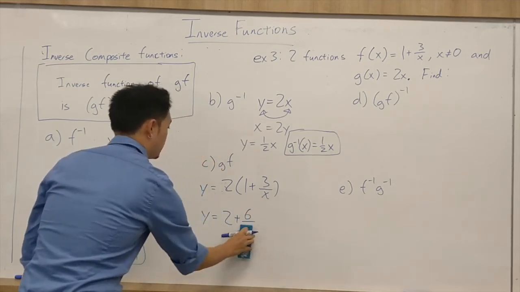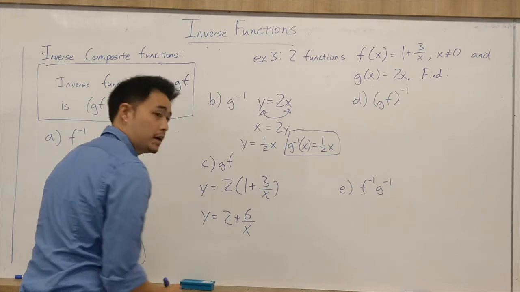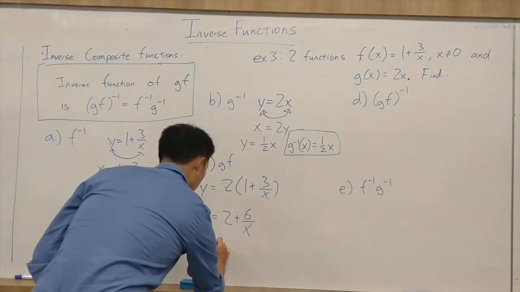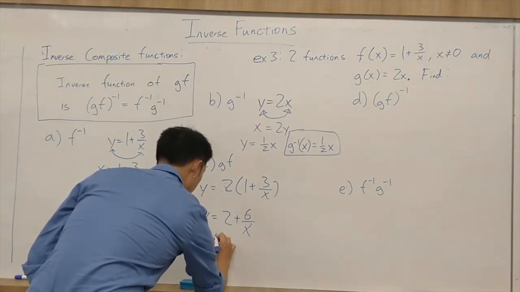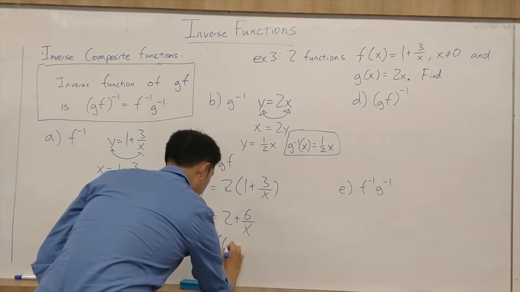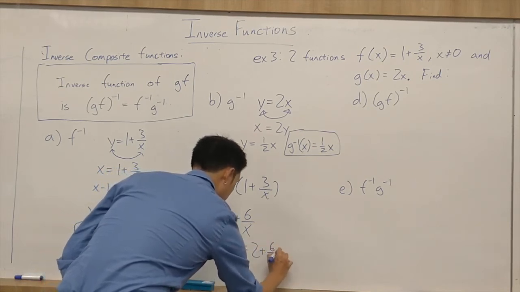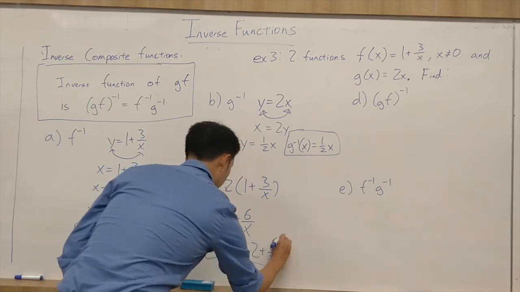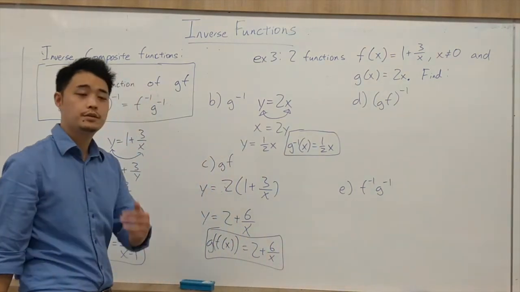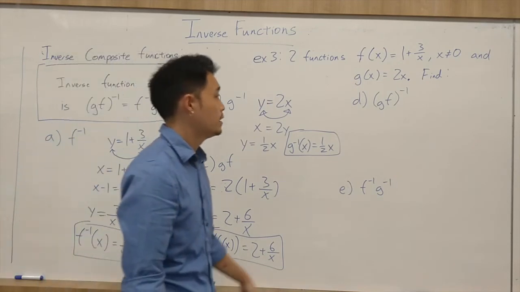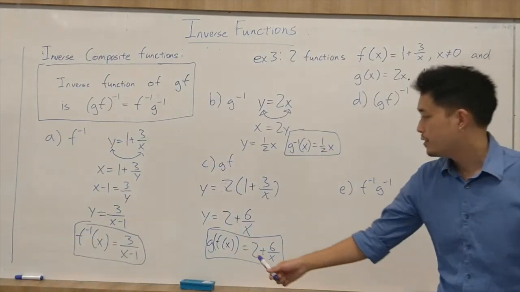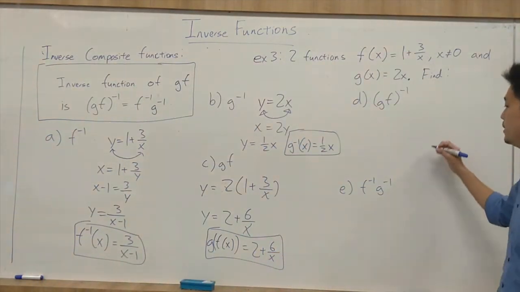That's going to be my composite function for g of f of x, 2 plus 6 over x.